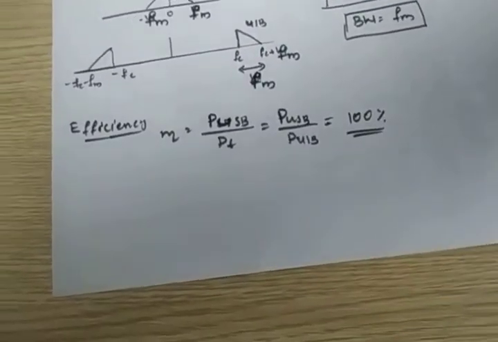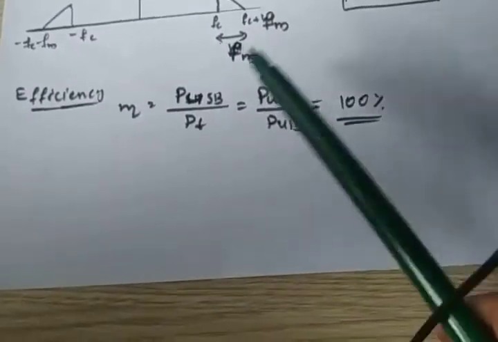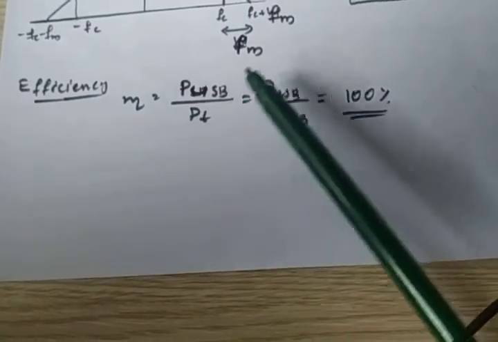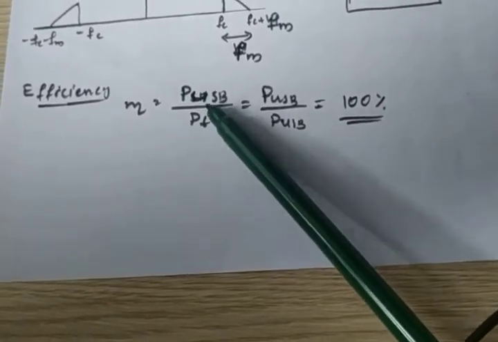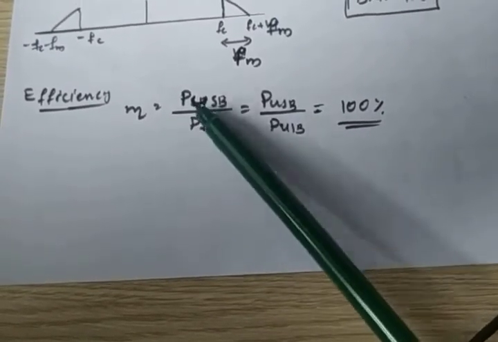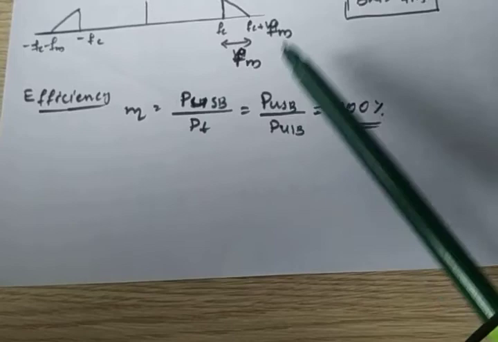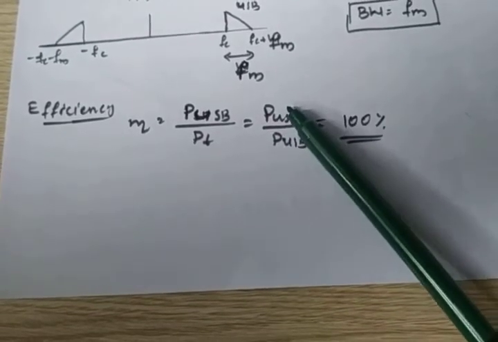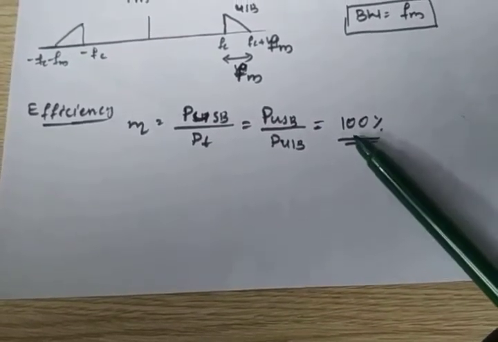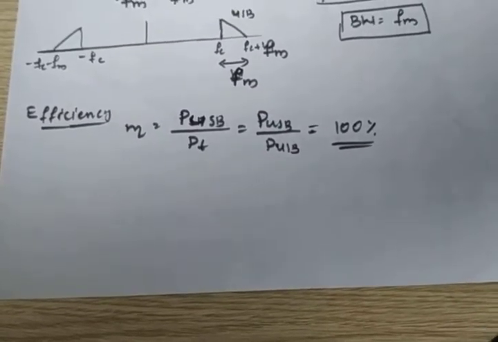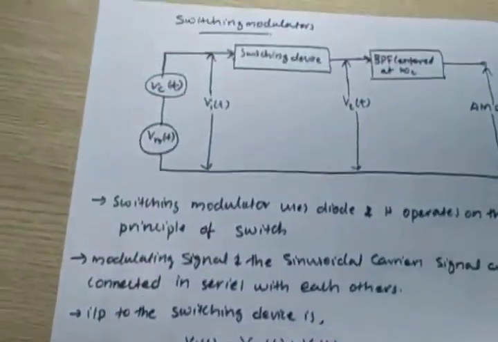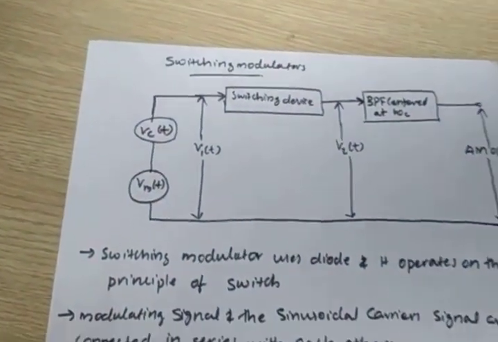What is the efficiency here? Eta equals P upper sideband by total power. Only the upper sideband is transmitted, so it is P upper sideband by P upper sideband, which is 100% efficiency. That's about SSB modulation. The next is the switching modulator, which I will discuss in the next class.